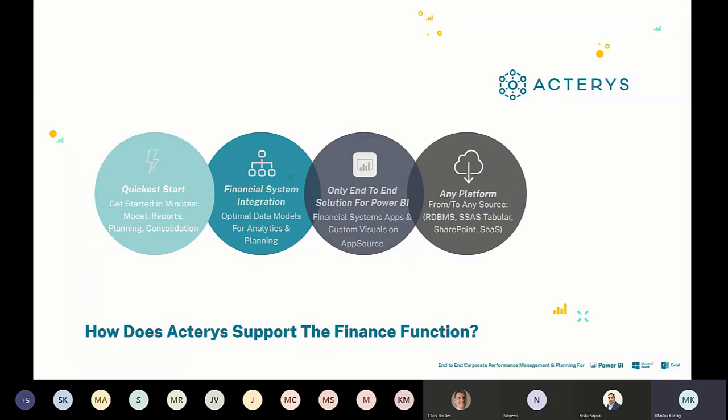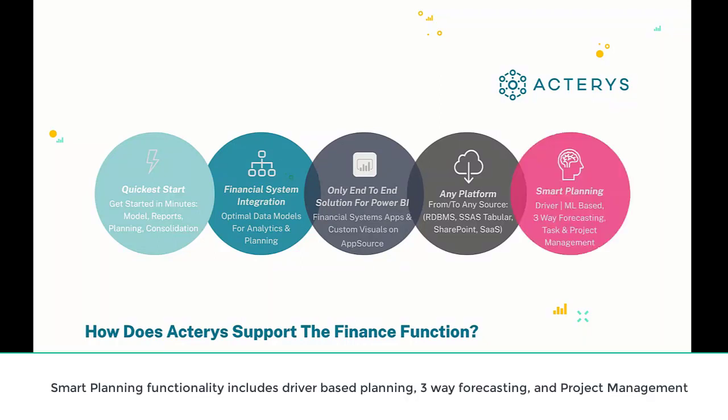And then finally, just making FP&A smarter by providing and covering driver-based planning, machine learning-based advanced analytics, giving as much as possible the typically needed smarts, for example, for three-way forecasting logic.